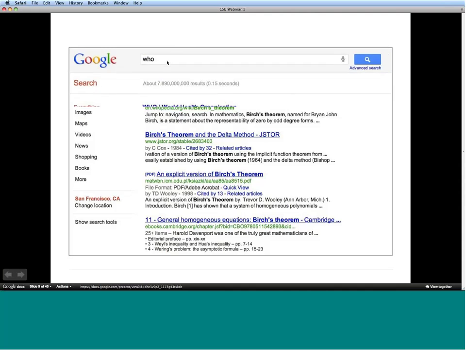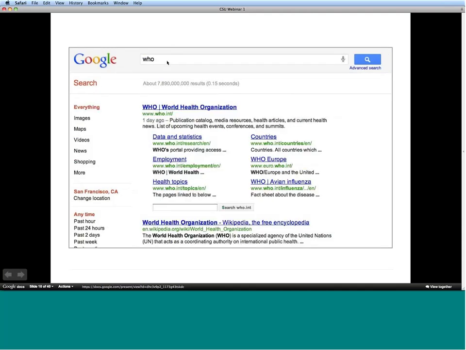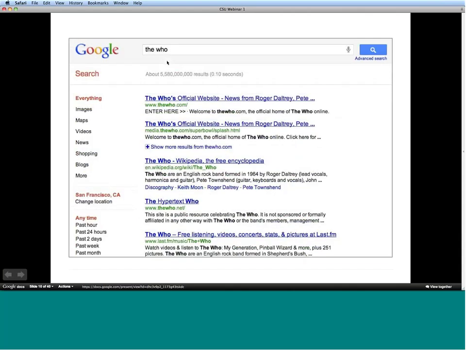Consider the word who. If you search for the word who, you'll find what we've discovered most people are looking for when they type that in, which is the World Health Organization. Further down the page, you'd see results for definitions of the word who and so forth. But there is a distinct difference between what people want when they search for who and, for example, when they search for the who, which would bring back the band.